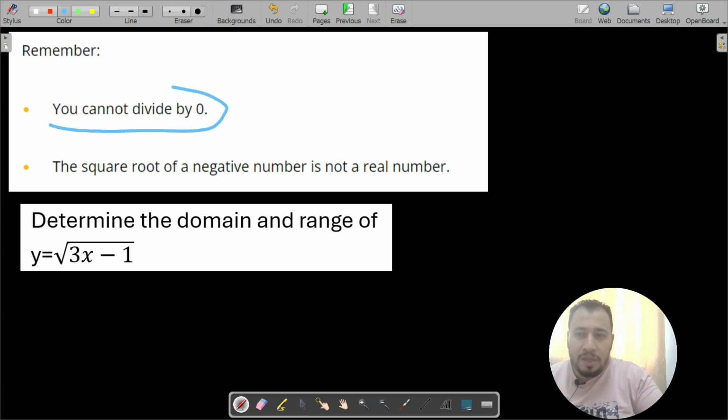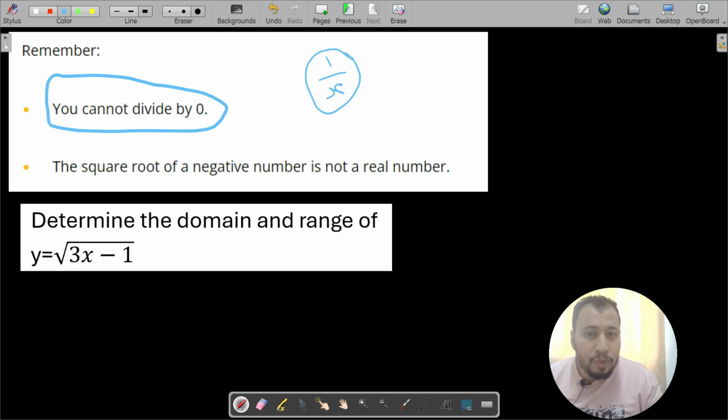The first one is you cannot divide by 0. For example, if you have here 1 over x, and I'm asking you to get the domain of this, that means you can put x with any number except 0. You can put x here with any number except what? 0. For example, if your question was 3x over x minus 5.